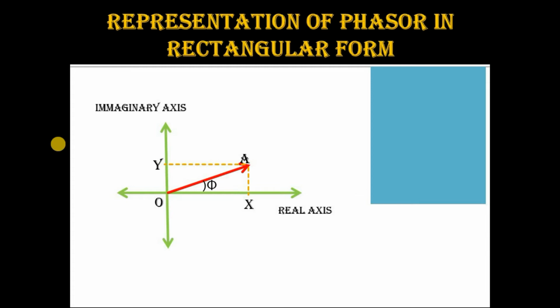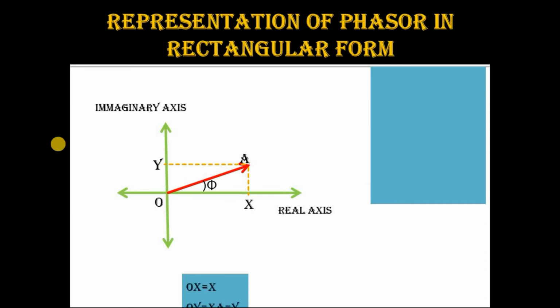Listen very carefully. The phasor is represented as OA, its component along the x-axis is OX, its component along the y-axis is OY. This OY and AX will be equal. Clear?